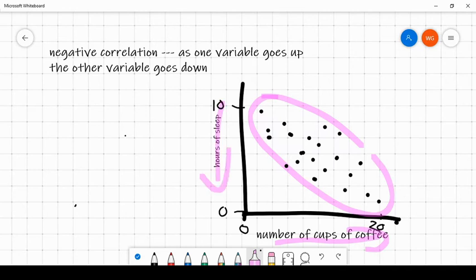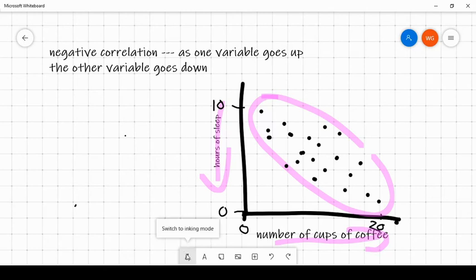So the important conclusion that we can draw out of this graph is something along the lines of the trend goes down and to the right, and so negative correlation shows a trend that goes down to the right. Okay, so let's write that in just as an added fact.